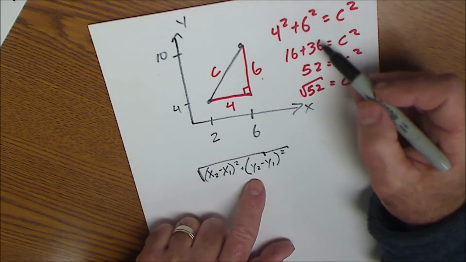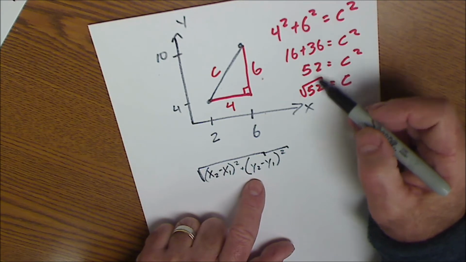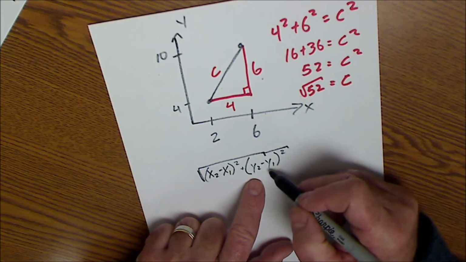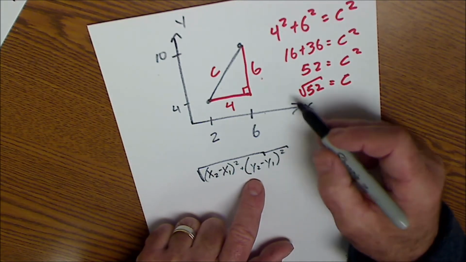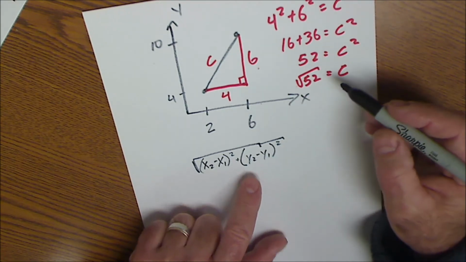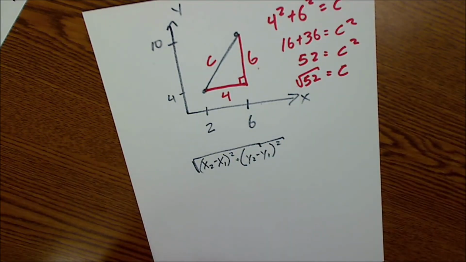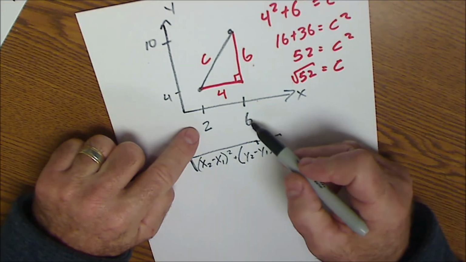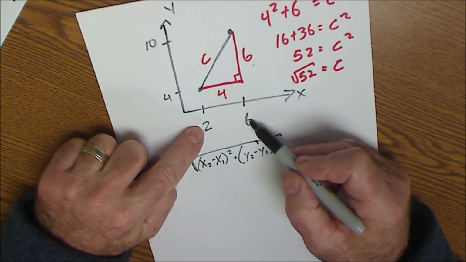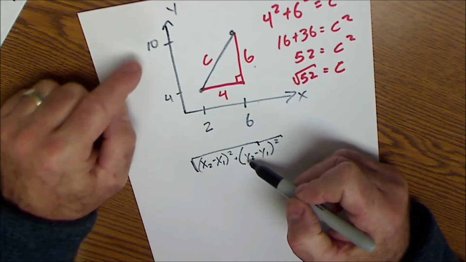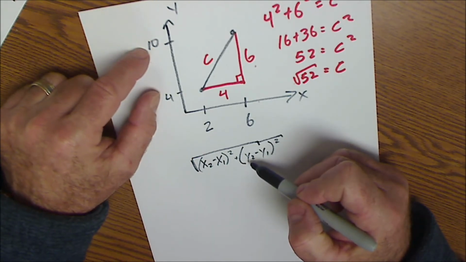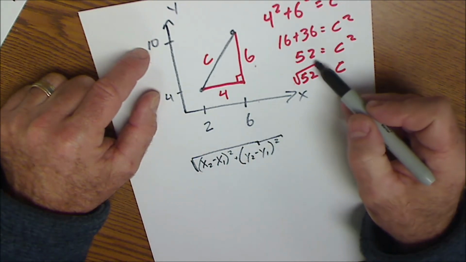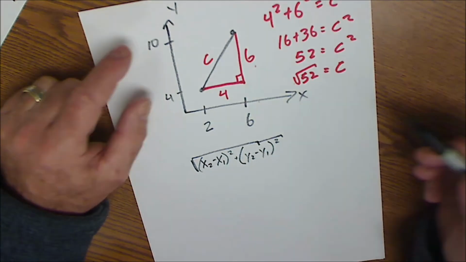And then we squared them, we added them, then we square rooted them. So the distance formula is really the same thing as the Pythagorean theorem. And in three-dimensional space, that's true as well. So using the distance formula here, I would do 6 minus 2, 4 squared, plus 10 minus 4, 6 squared, and then the square root of 52.